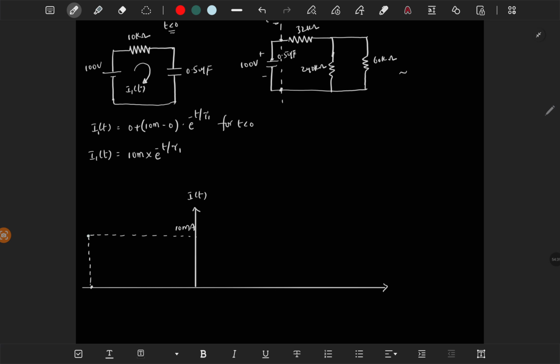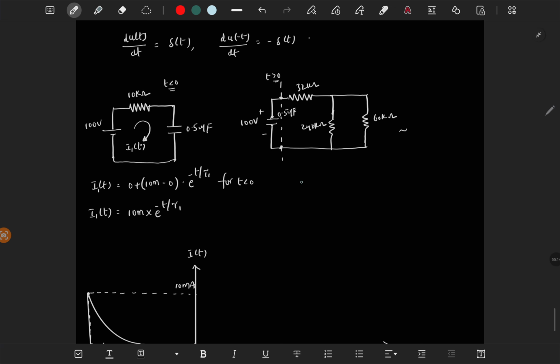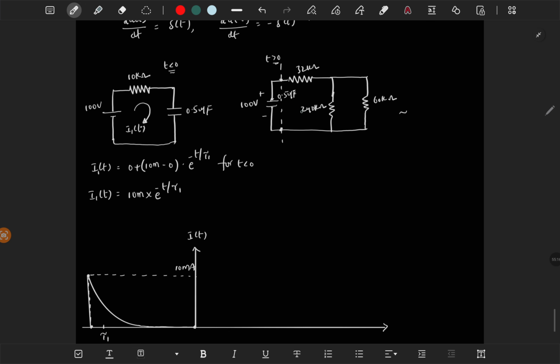So it is going to 0 amps final, and it will stay at that 0 amps, and the time constant here is tau 1. It should be like this: it is going from 0 to 10 milliamps, and it is coming back to 0 again, for t greater than 0.